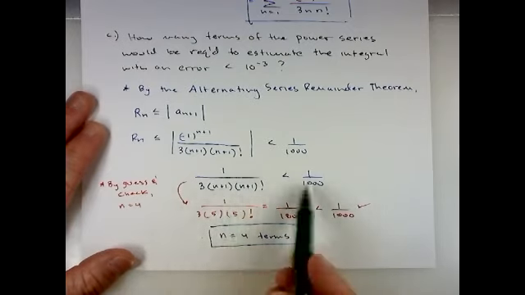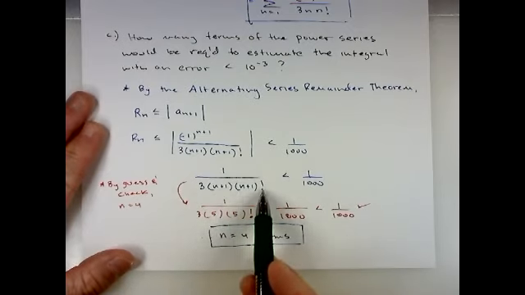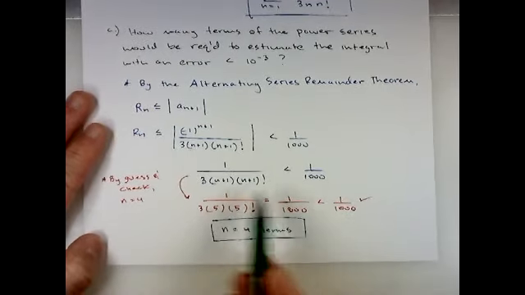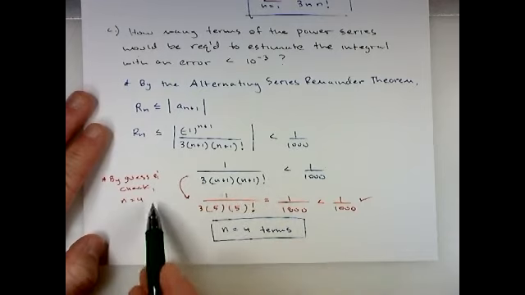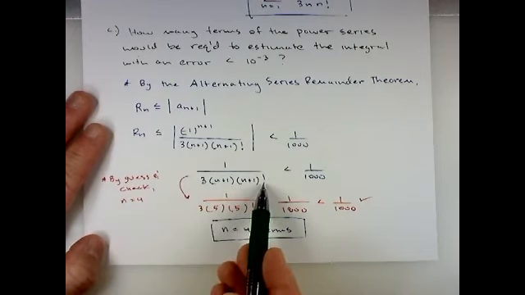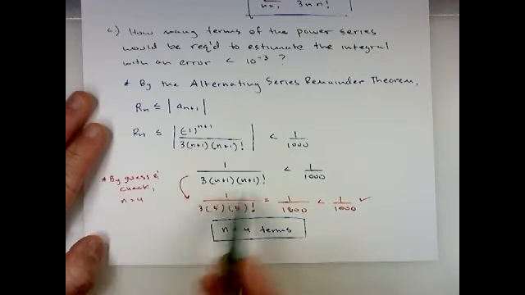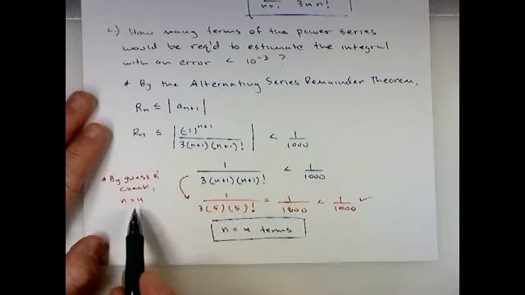Sometimes this happens: there's no algebraic way we're going to undo a factorial. So don't try to solve it algebraically. Instead, let's just do guess and check. Remember, the thing with factorials is they get big fast, so it won't take a very big number before this fraction is less than 1 over 1,000.